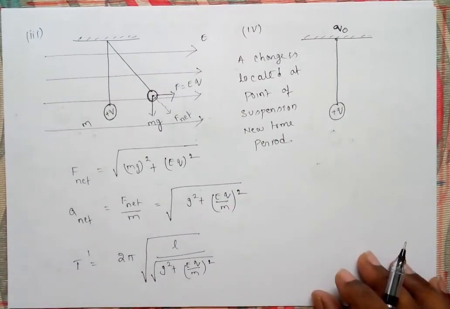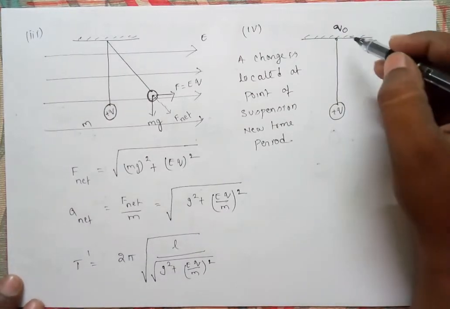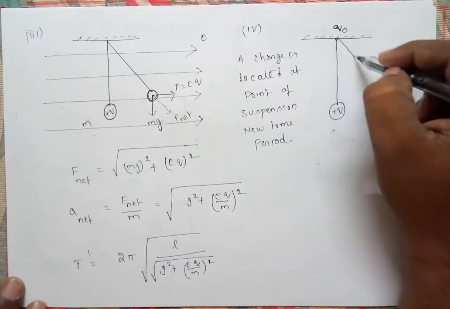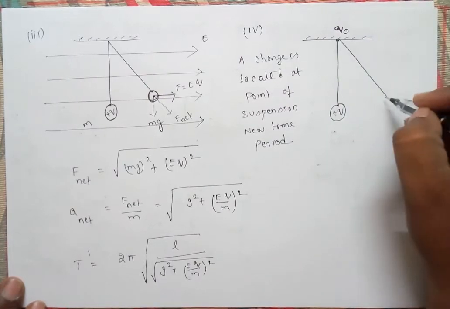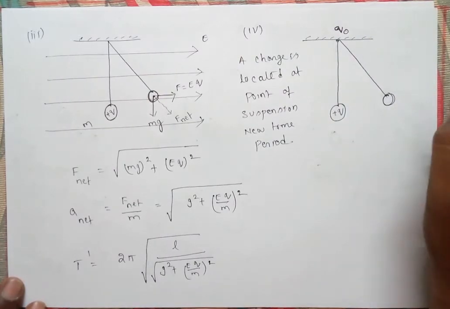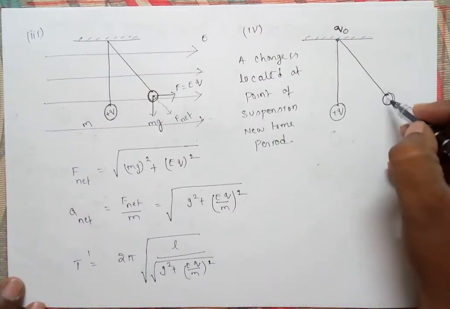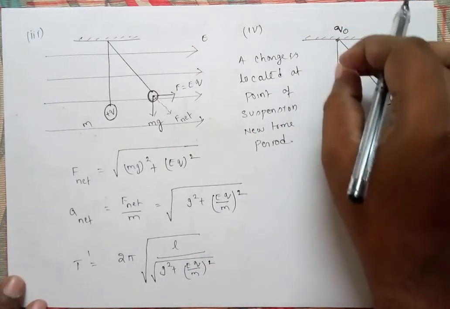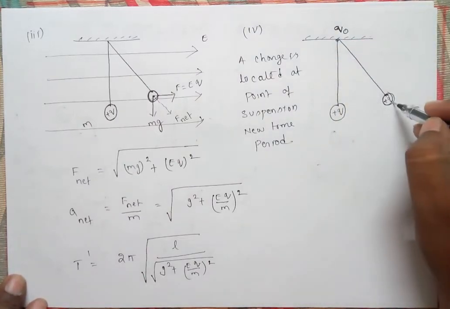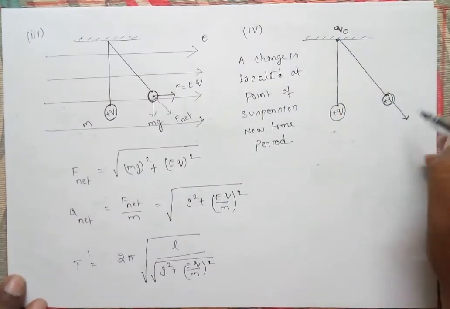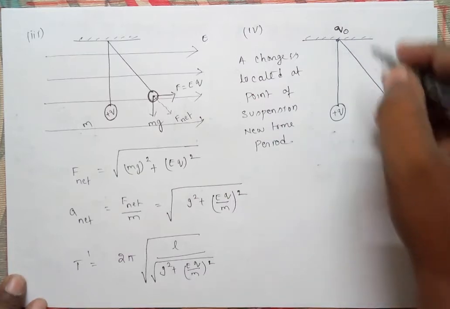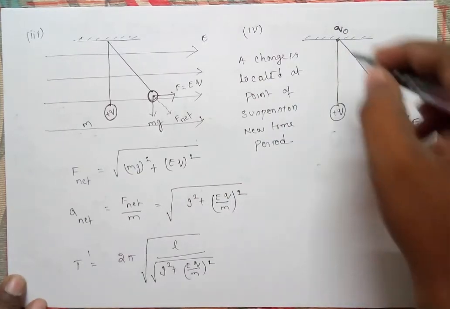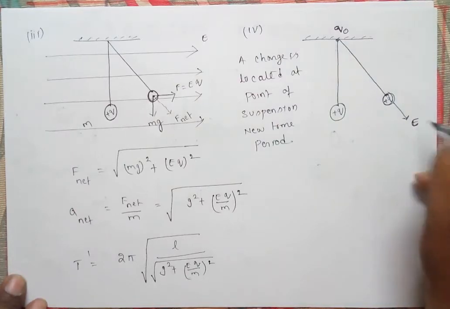See, whenever a charge is located at the point of suspension, if you take the bob at this position, plus q, and here q naught, this q naught's electric field will exit radially. So the electric field produced by this q naught is along the direction of the pendulum.